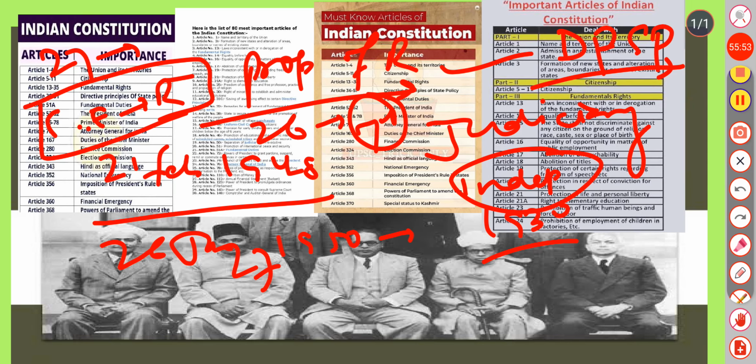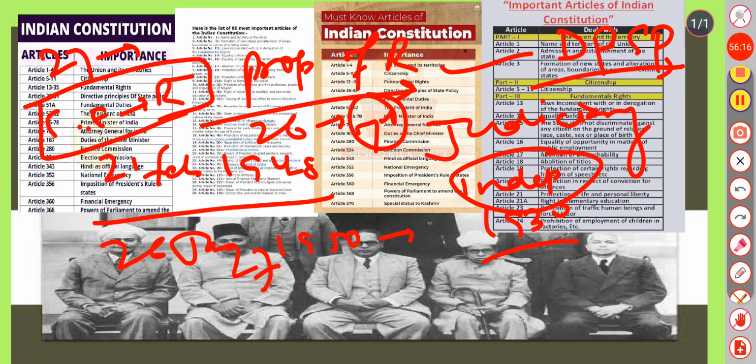And now move to Article 133, that is appellate jurisdiction of Supreme Court in appeals from High Court in regard to civil matters, right? Now move to Article 134, that is appellate jurisdiction of Supreme Court in regard to criminal matters, and Article 136, special leave to appeal by the Supreme Court.